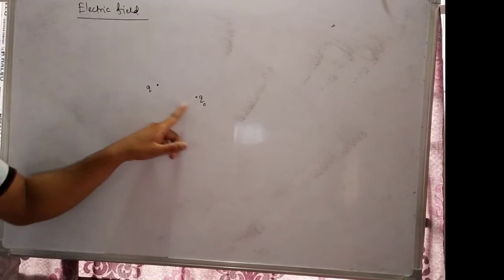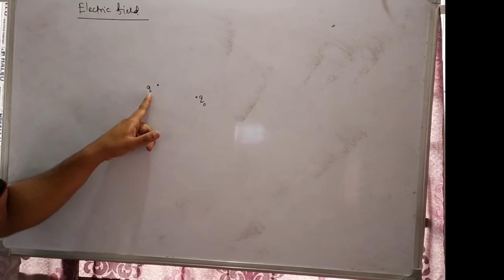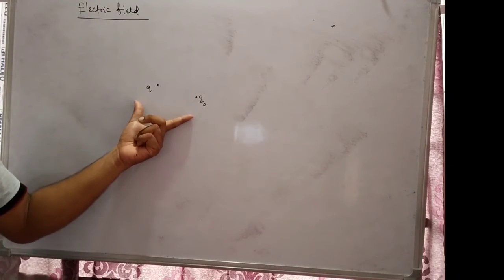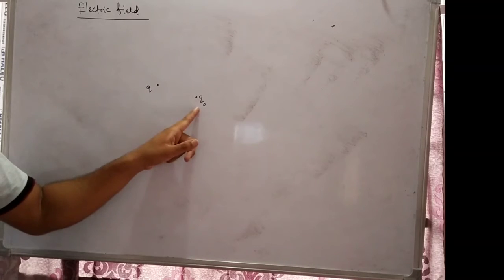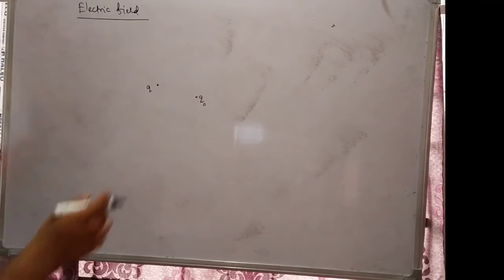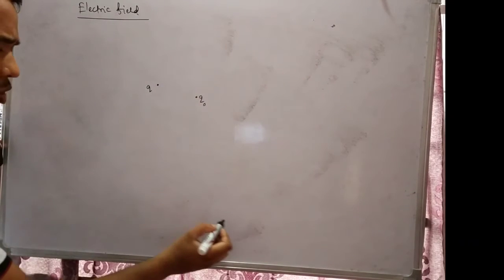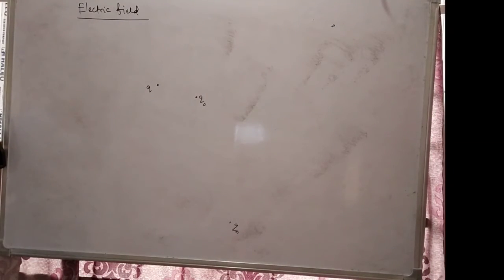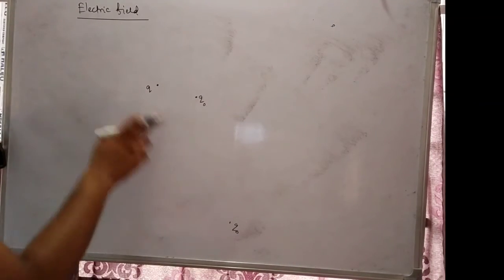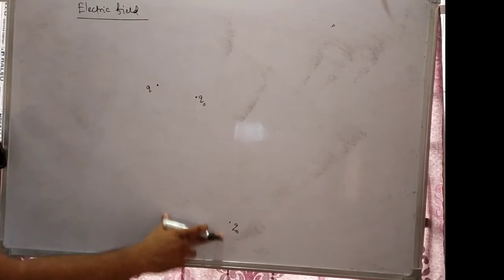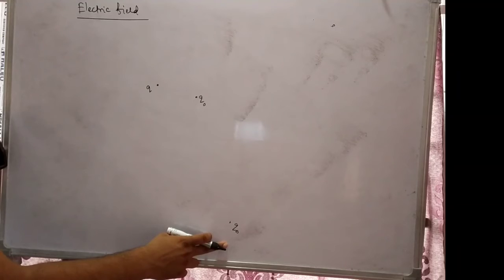If they are like charges, then Q will apply a repulsive force on Q0, or if they are unlike charges, meaning one positive, one negative, then Q will apply an attractive force on charge Q0. But if we place the charge at a very large distance, then this charge will be unable to apply force on Q0 because the distance is more.